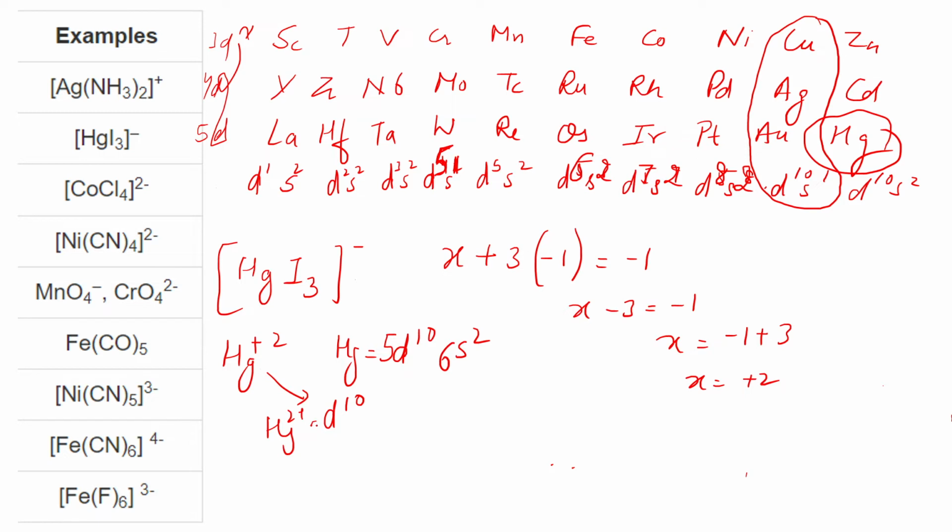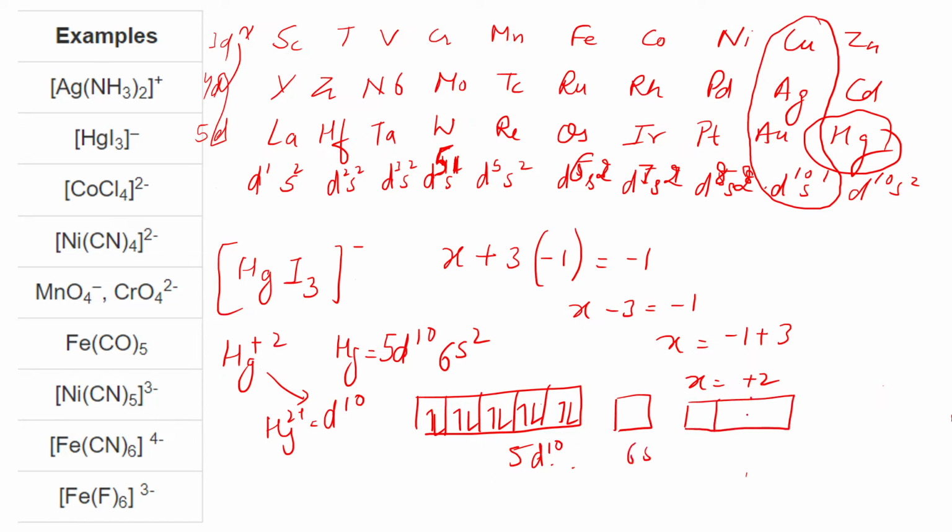Mercury 2 positive. Fill the electronic configuration, 1, 2, 3, 4, 5, 6, 7, 8, 9, and 10. 5d is completely filled. We are left with 6s and 6p. How many ligands do we have? We have 3 iodide minus ions, so 3 ligands.